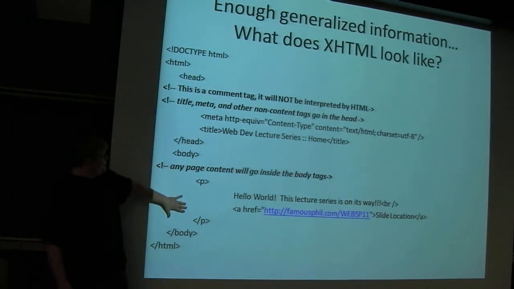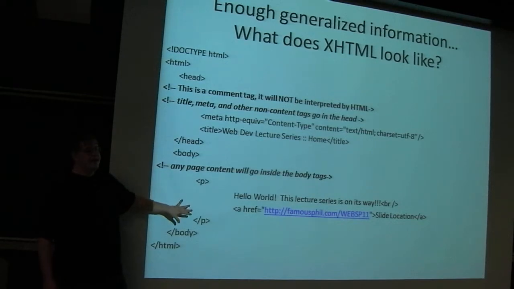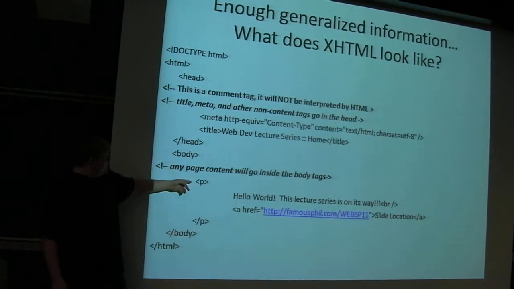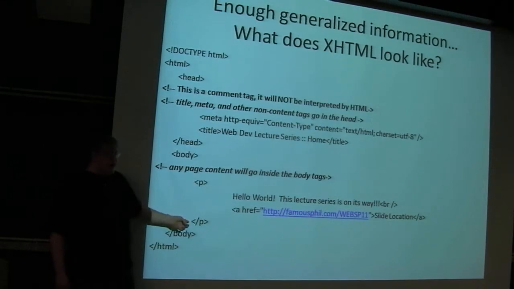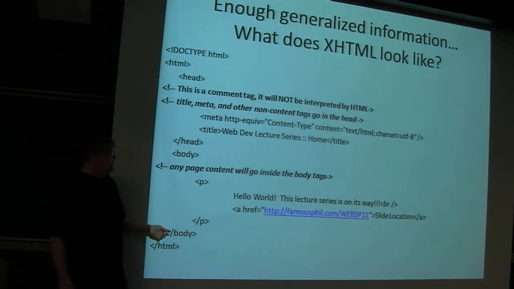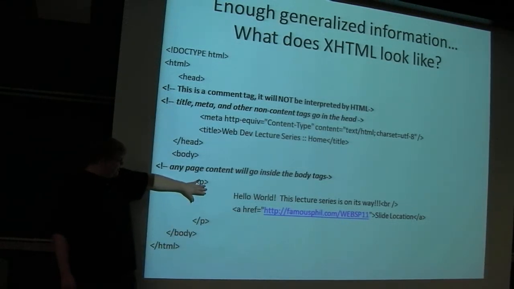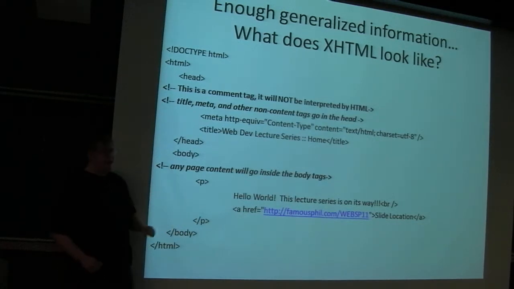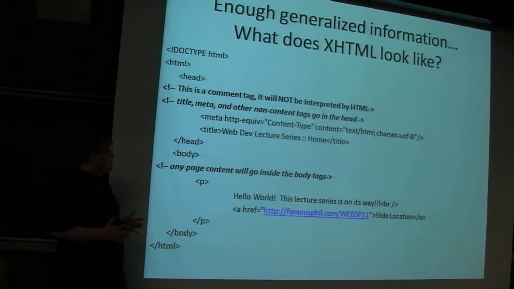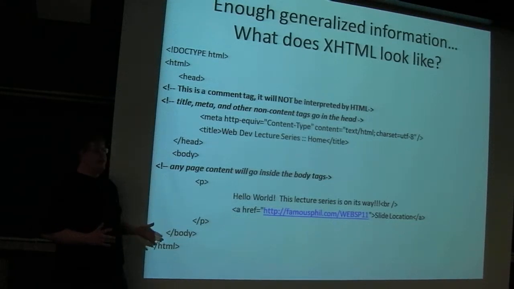Then finally, inside the body, this is where all the content of the web page goes. So here I have a P and a slash P. That means paragraph. So basically these kinds of tags are where text goes. It's not totally necessary, but it will help you validate your web page a lot quicker.